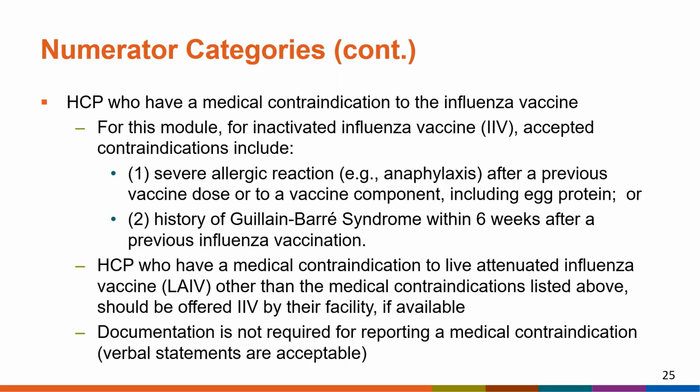Healthcare personnel who have a medical contraindication to live attenuated influenza vaccine, other than a severe allergic reaction to a vaccine component or a history of GBS within 6 weeks after a previous influenza vaccination, should be offered inactivated influenza vaccine by their facility if that's available. Therefore, the medical contraindications stated above are the only accepted contraindications for the module. Documentation is not required for reporting a medical contraindication, and verbal statements are acceptable.